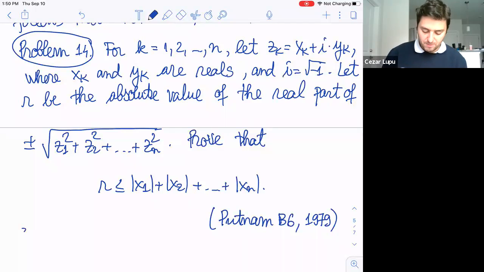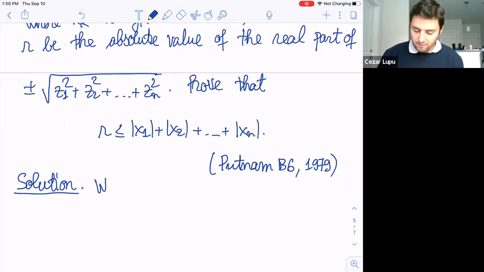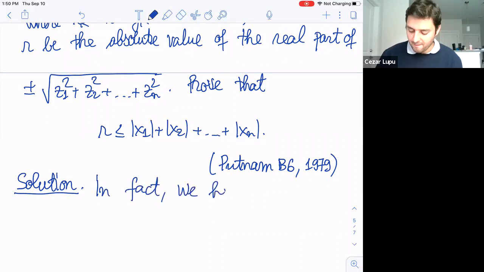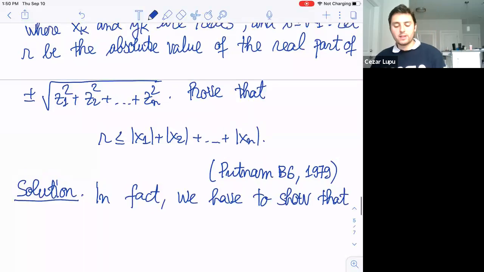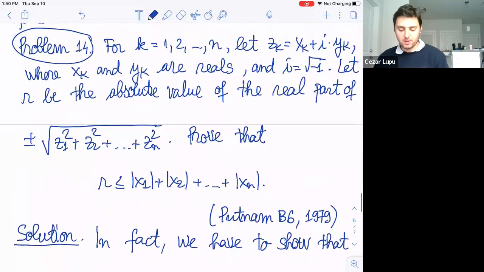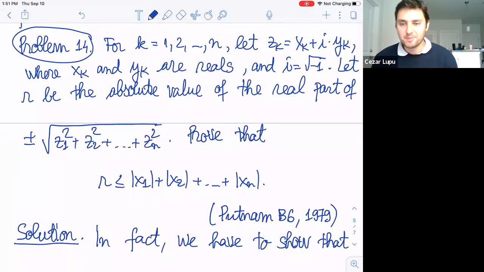So translation. What we have to prove is the following. Let's do a translation of this statement, which looks a little bit more ambiguous than it is.